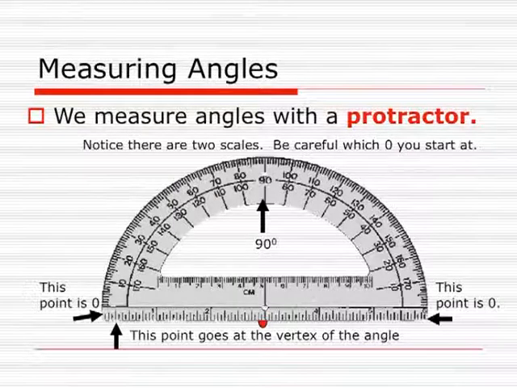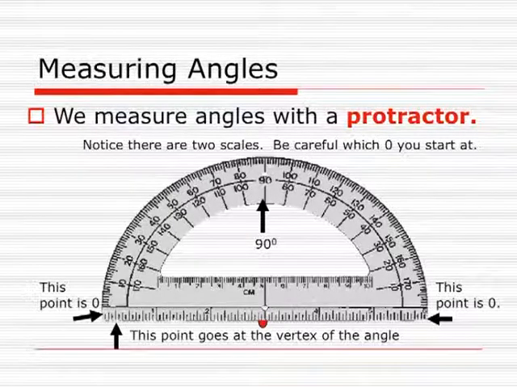Here on the right of the figure we can see one point 0, and on the left we again have a 0. We have to be careful while measuring or constructing an angle using a protractor about which of the two zeros we have to start from. In between we have a point.